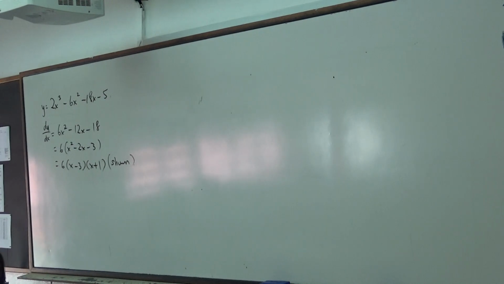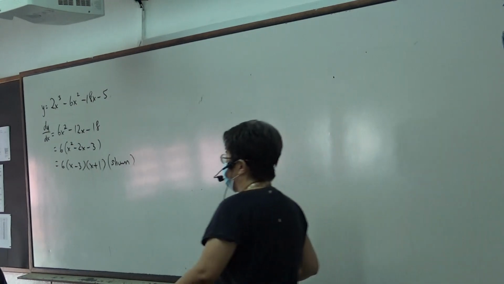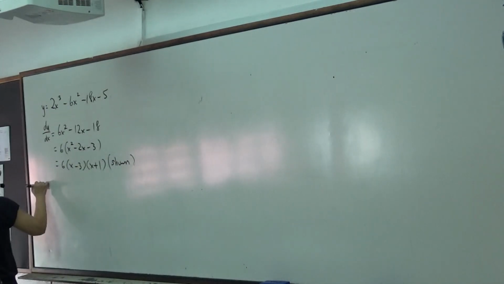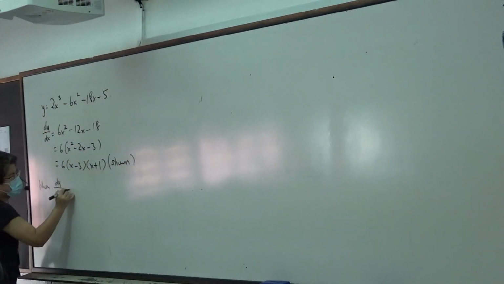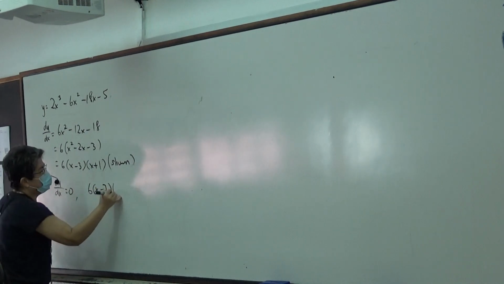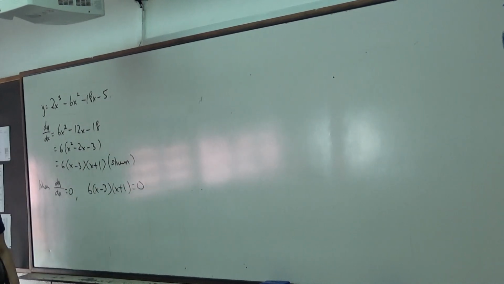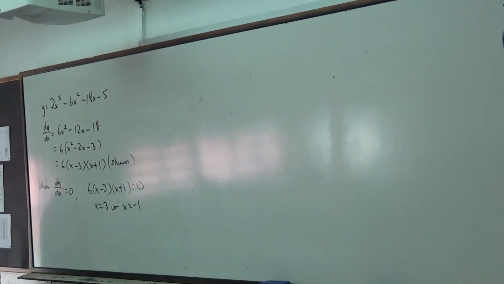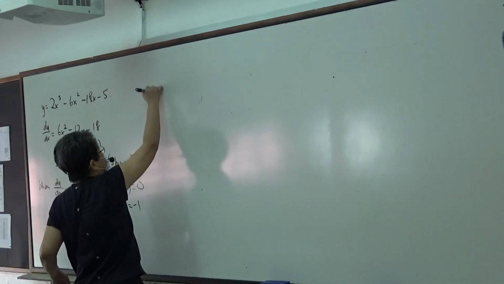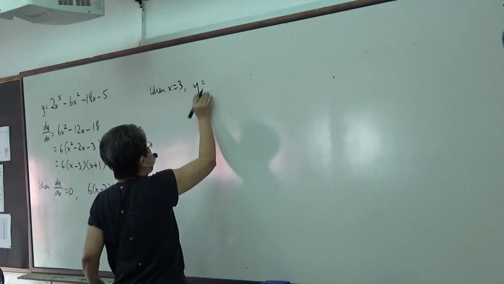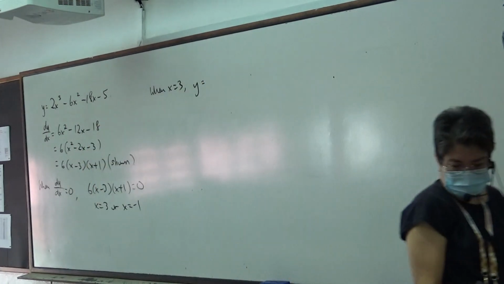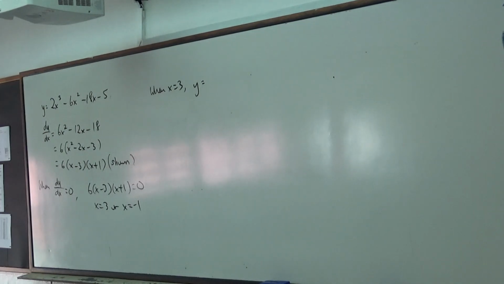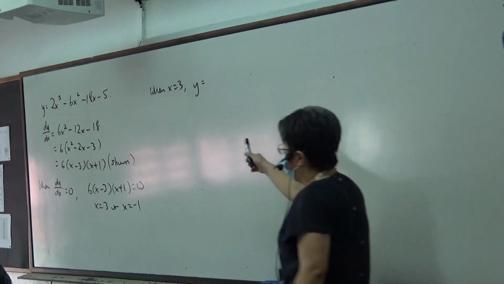Now, find the coordinates of the stationary points. When dy/dx is 0, I'll have this equals to 0, right? So can you see either x is 3 or x is negative 1? When x is 3, what is my y? Plug in here.